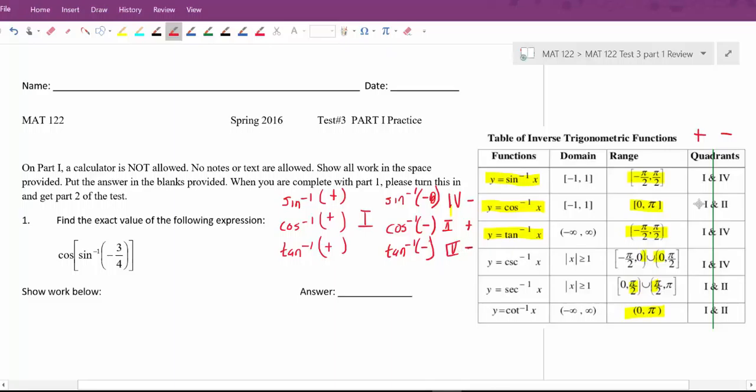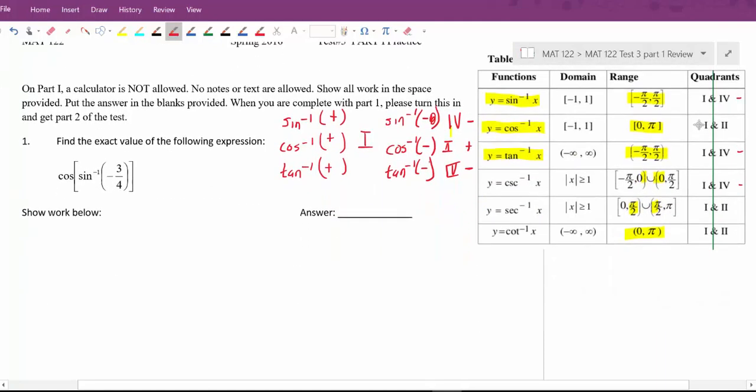You're in quadrant 4, but you must give a negative answer for the angle, because you've got to fall within that range. So it's real important that you get all of that figured out. And if you're in quadrant 4 on one of these things, again, you have to give a negative answer in degrees or radians.